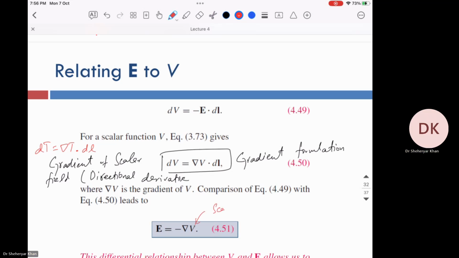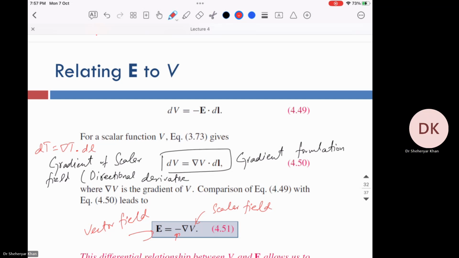This is your scalar field, and this is your vector field. So both are linked either in integral form or in differential form. You take the integration of the electric field, you get the voltage. Take the derivative of the voltage, you get the electric field. The negative sign indicates that you just invert the vectors.